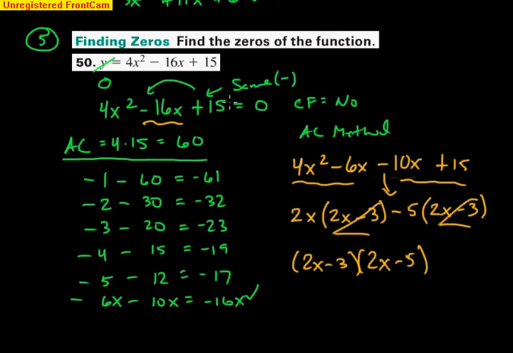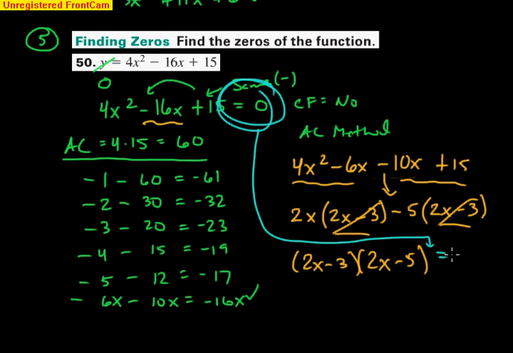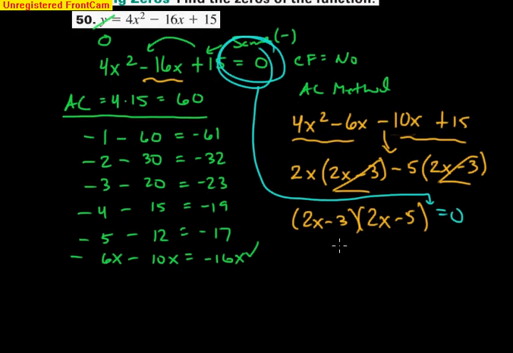Now we cannot forget, this started with equals 0. Put it in there. You're trying to find the zeros, the x values that make this function 0. So that's just solving for x. 2x minus 3 equals 0. 2x minus 5 equals 0. Two steps in both cases. Add 3.